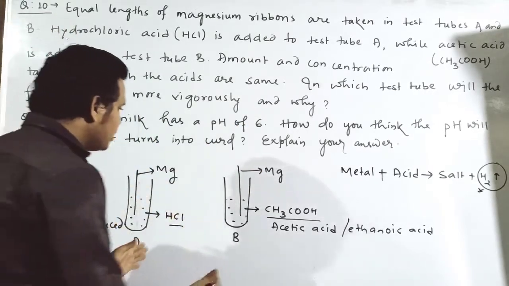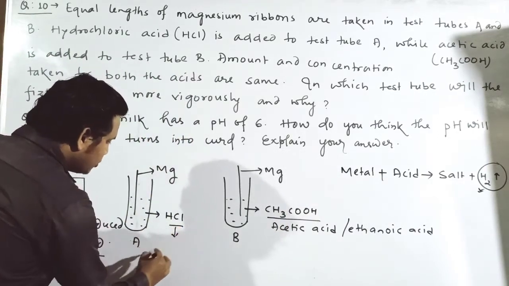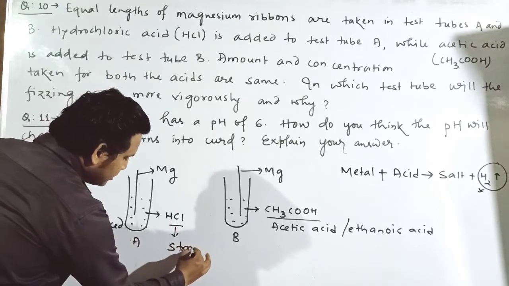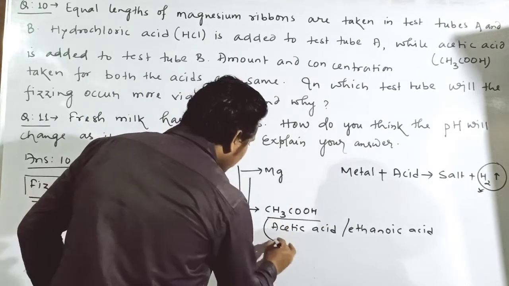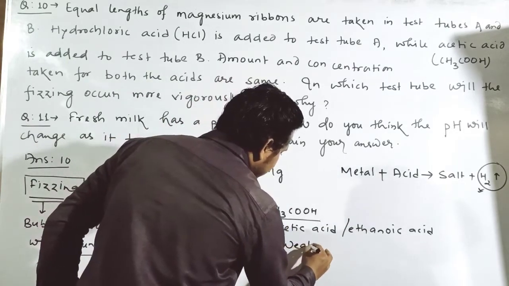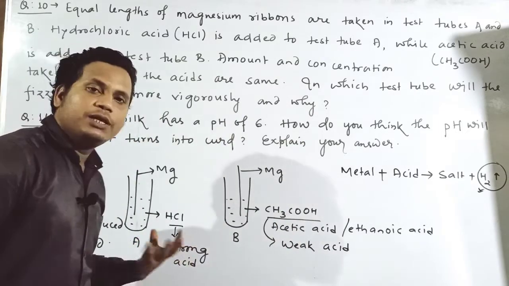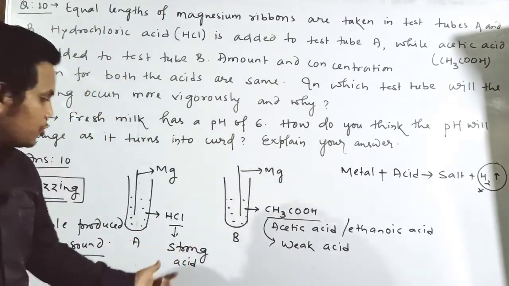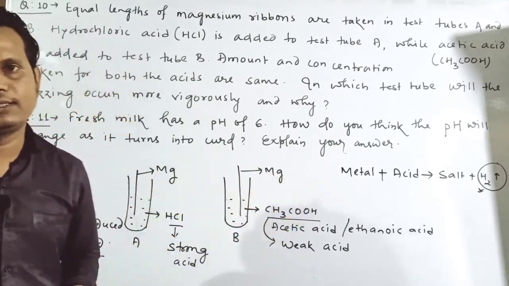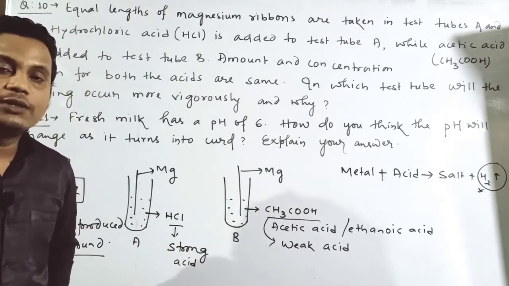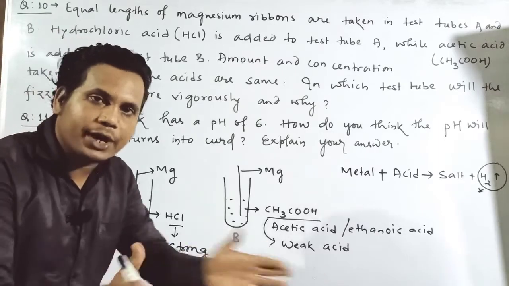Now what is the difference between these two acids? The difference is hydrochloric acid is a strong acid, and ethanoic acid is a weak acid. What is the meaning of strong acid? Strong acid means it will completely dissociate into ions, completely break into ions.